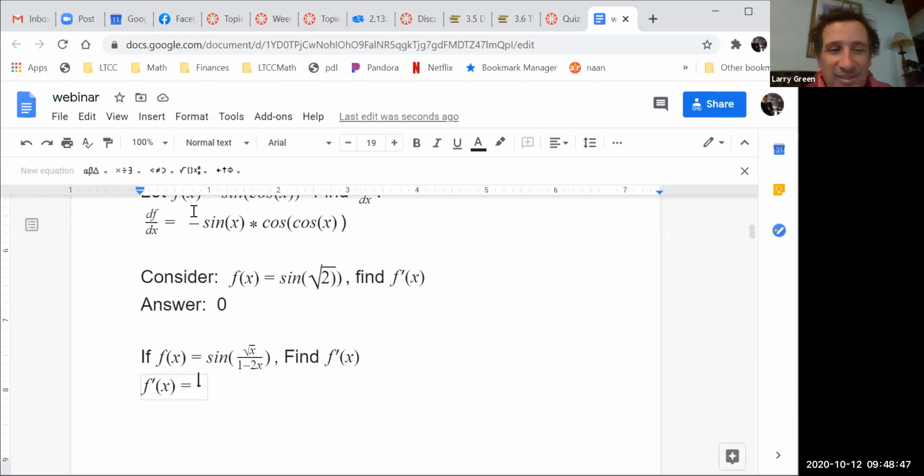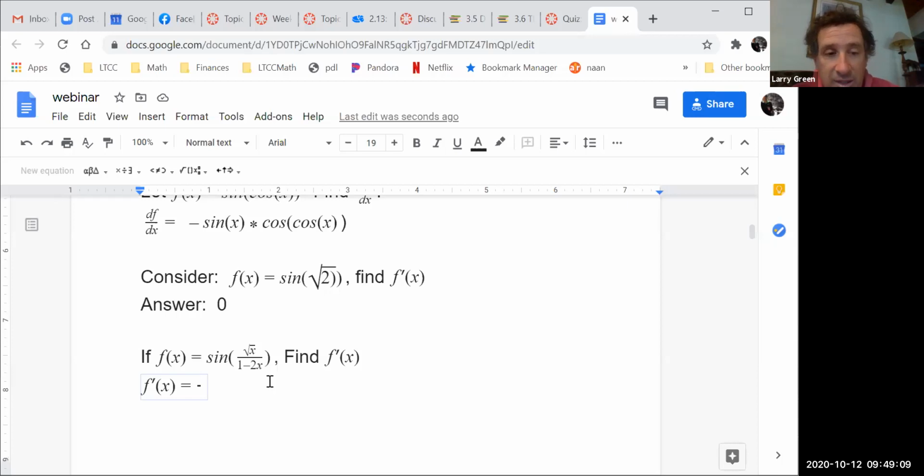Okay, let's work this out. All right, so let's start with the derivative of the inside. What rule do I have to use to find the derivative of the square root of x over 1 minus 2x? Yeah, that's the quotient rule. So let's do the quotient rule.